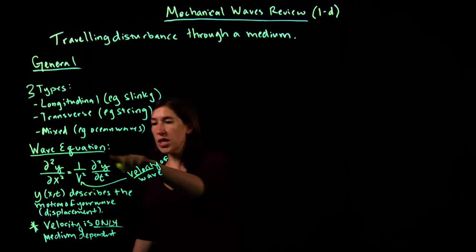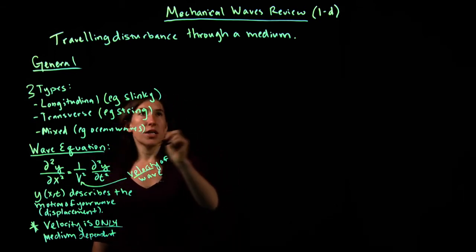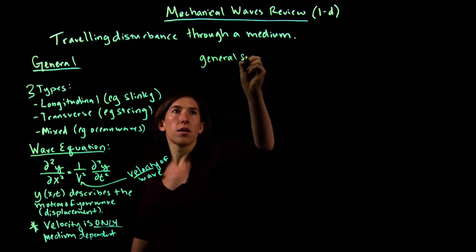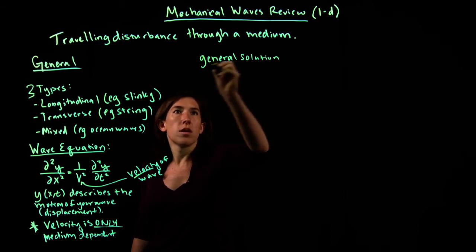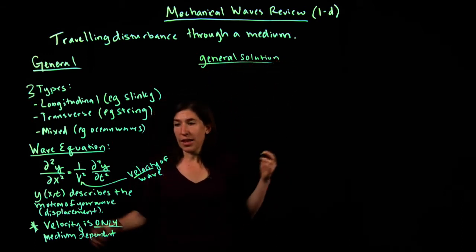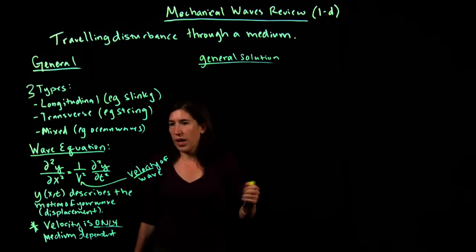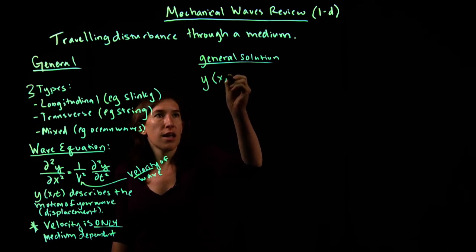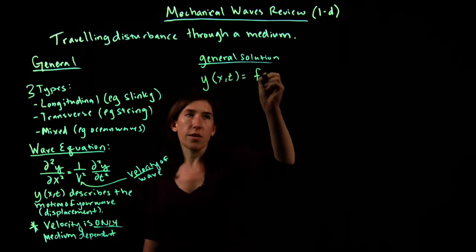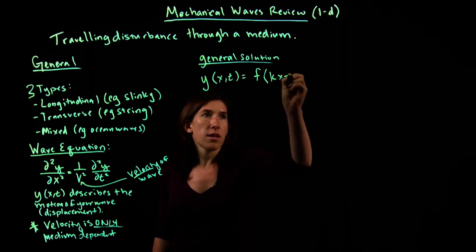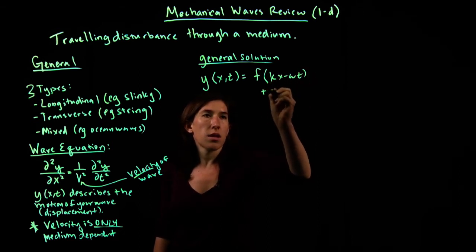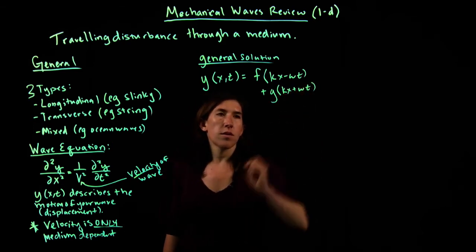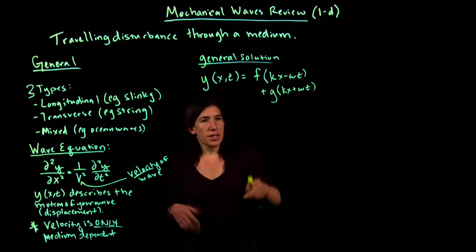A general solution, the most general solution to this wave equation, so again, this means anything that you can actually call a mathematical wave, can be written as y of x and t equals some function f of kx minus omega t plus some function g of kx plus omega t.